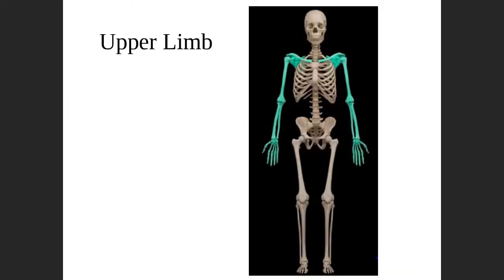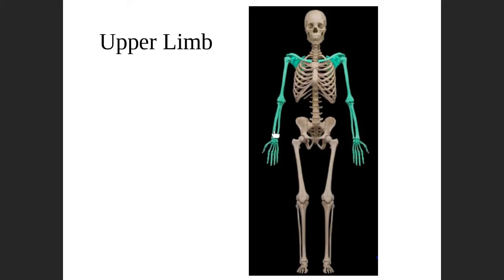Okay, let's talk about the upper limb. The upper limb has several regions. If we go from the shoulder to the elbow, that bone that sits there is the humerus. That region of the upper extremity right here is known as the brachium.